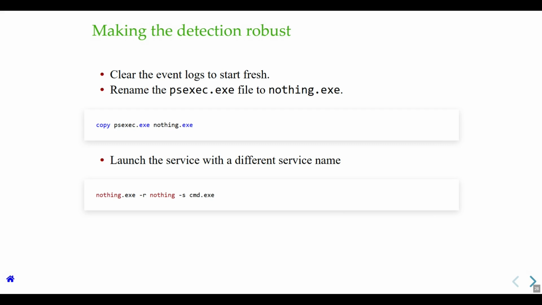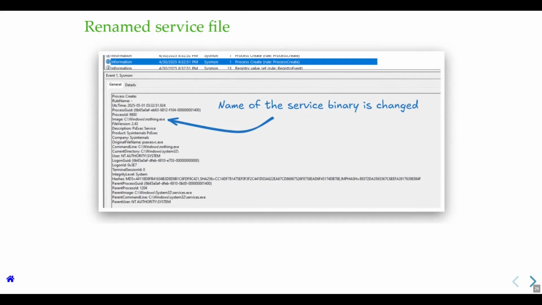It doesn't mean that it's a waste of time, because there's always going to be the inexperienced operators that don't do the obvious bypass, so they will still be caught by this default behavior, but the rule is not super robust, because the name of the image has been changed.